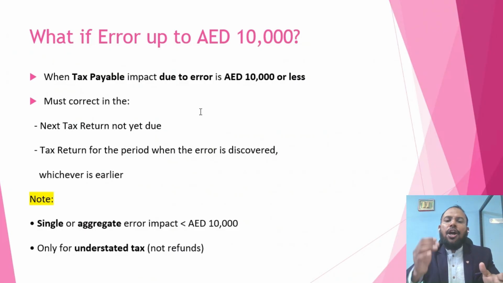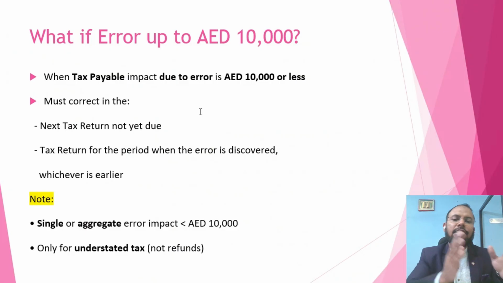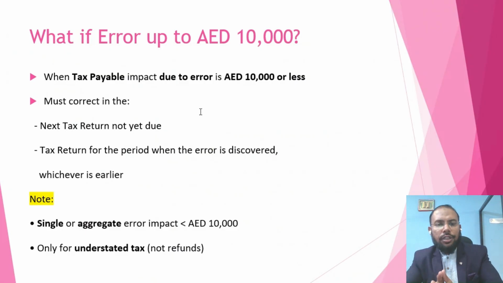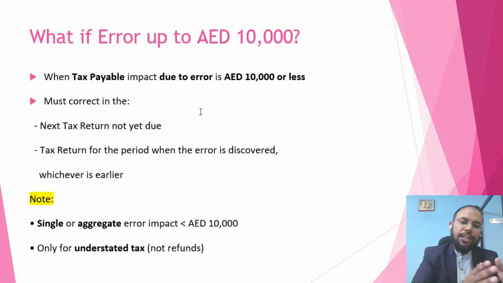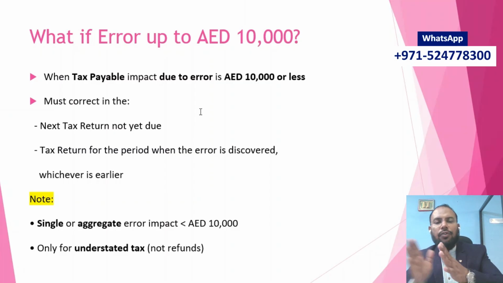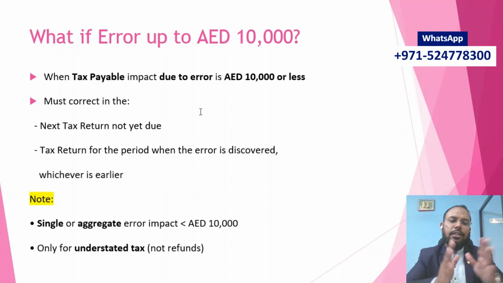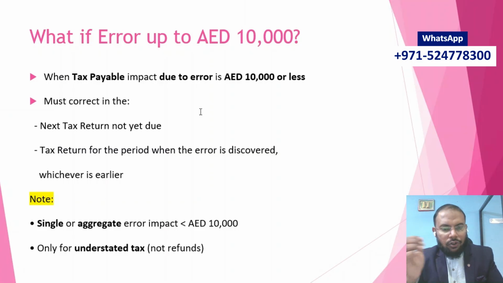Very simple. If there is an error and the error impact is up to AED 10,000, at that time you can correct it in your next tax filing, or you can correct it in the tax period when the error is discovered, whichever is earlier. I hope you understand. Here is an important notice.